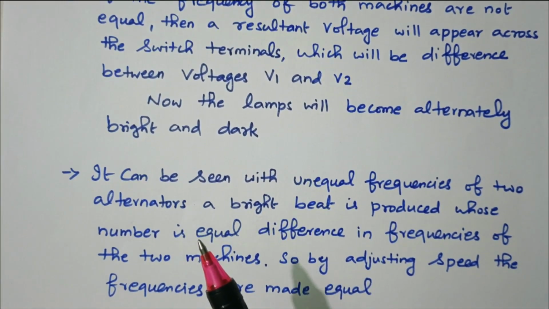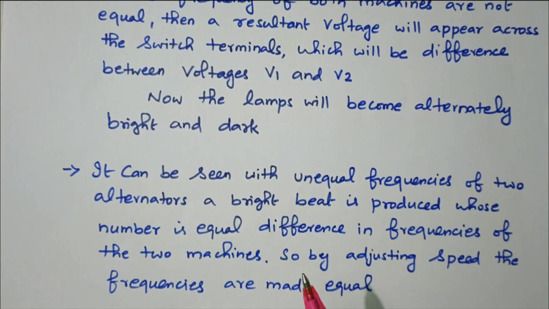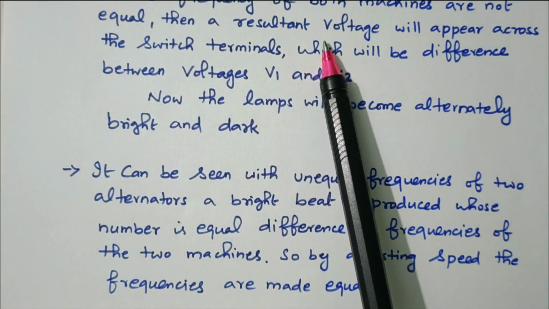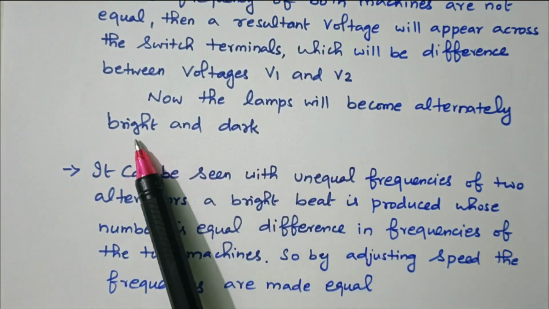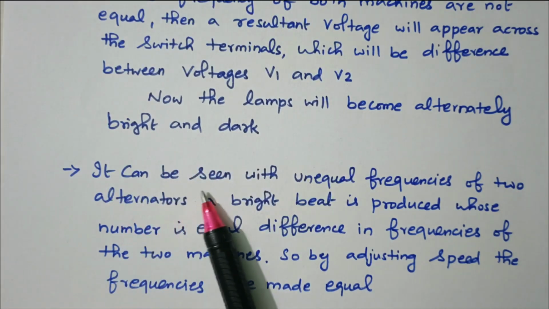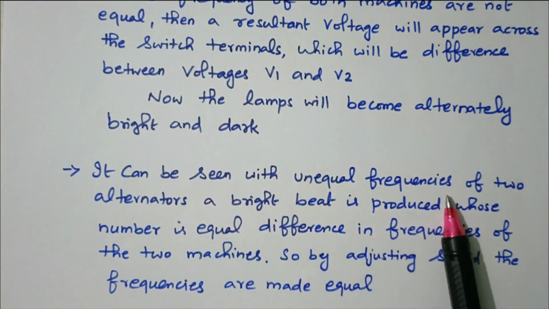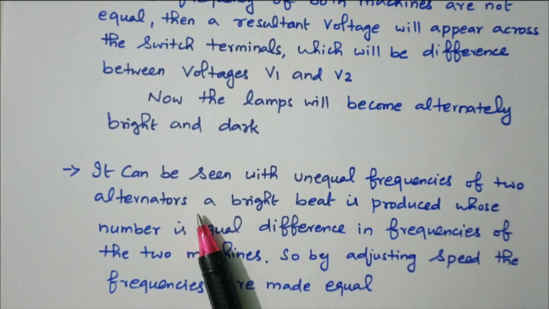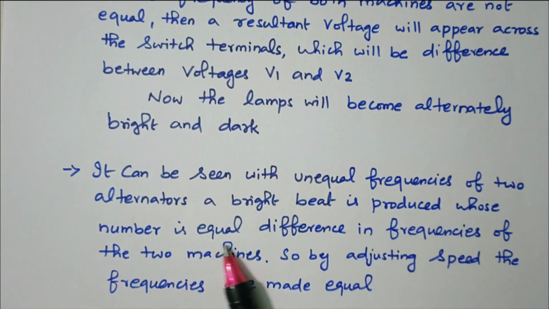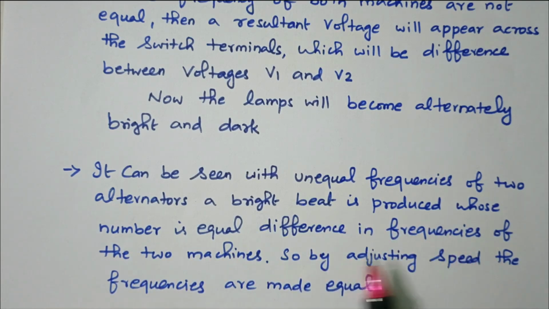So in the first condition, the lamp is not glowing. In the second condition, the frequency is not equal, so the difference in voltage appears, and we get the dark and bright condition. It can be seen that with unequal frequency of the two alternators, bright beams are produced, whose number is equal to the difference in frequency of the two machines.